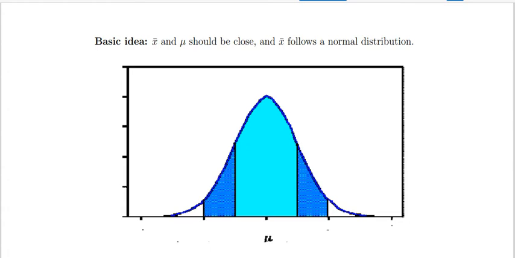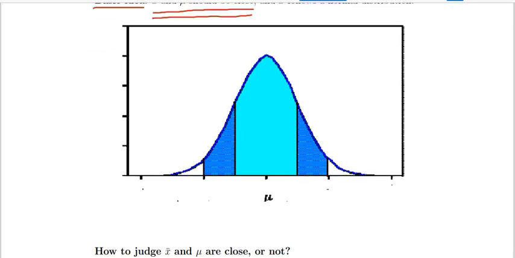The basic idea is that our sample mean and the population mean, or the sample's average and the population's average, should be close. So if they are not so close, suppose some people say mu is here and our x bar is here.